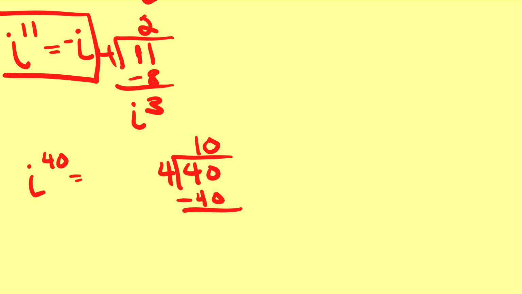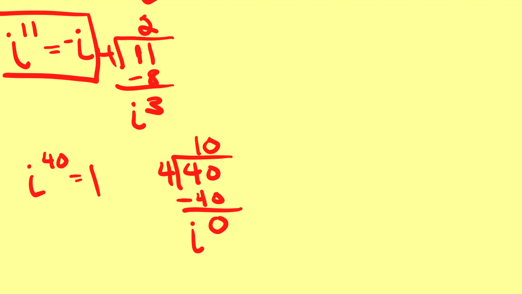I subtract, and I get a 0 remainder. So that means i to the 40th is going to be the same as i to the 0, and i to the 0 equals 1. And that's how you simplify powers of i: division by 4. Okay, good.